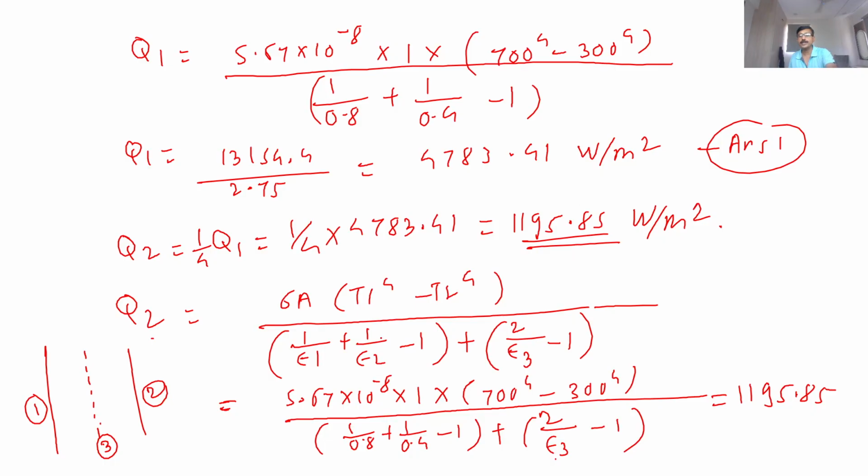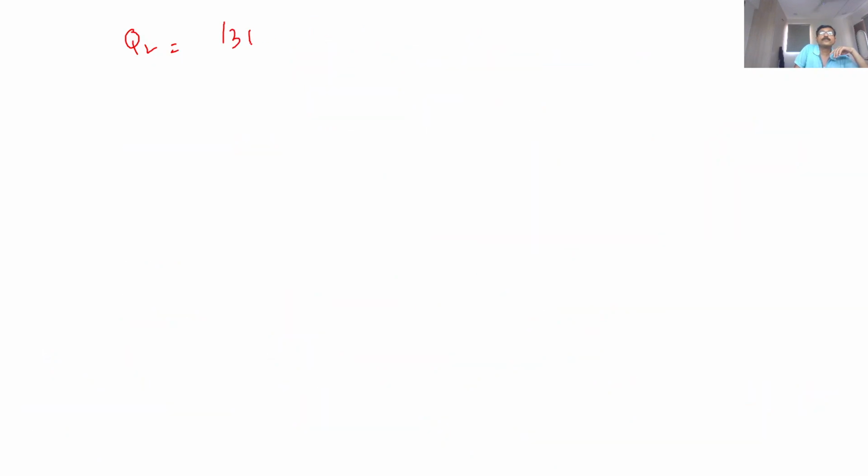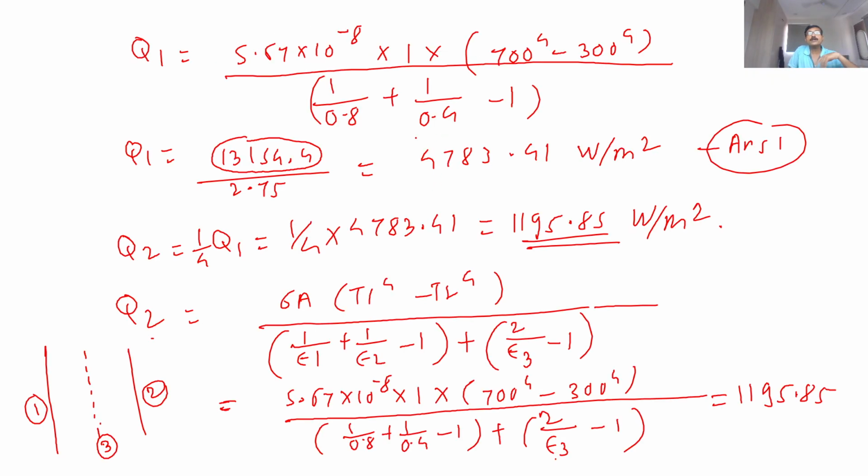So let's start with the numerator. The numerator is the same as before, and you have already calculated it. See the benefit of separate calculation: you did not need to calculate again. Directly I will put Q2 is equal to 13154.4 upon the denominator. This bracket is already known to you, that is 2.75, this bracket here.